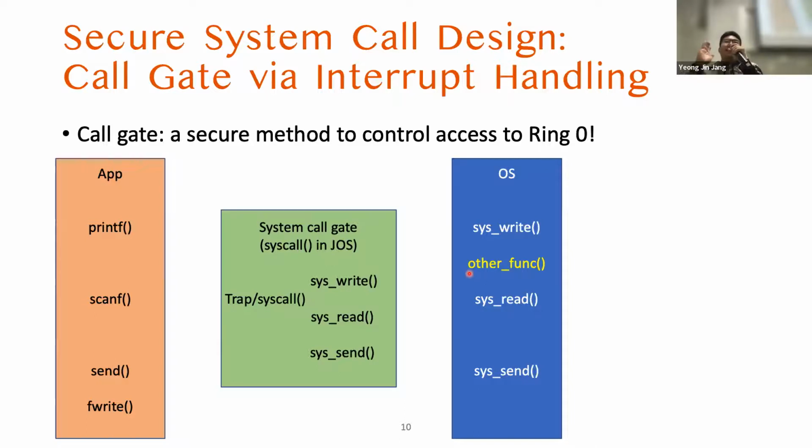So the way we call a system call is not a regular function call. If it were, we could call any kind of function here. Instead, whenever you make a printf call, internally it wants to make a function call to syswrite, and to do that, it will generate a software interrupt. The same thing happens for scanf, send, write, and fwrite.